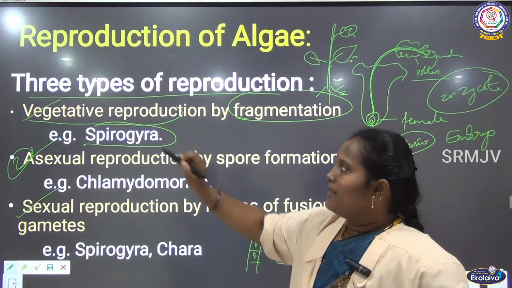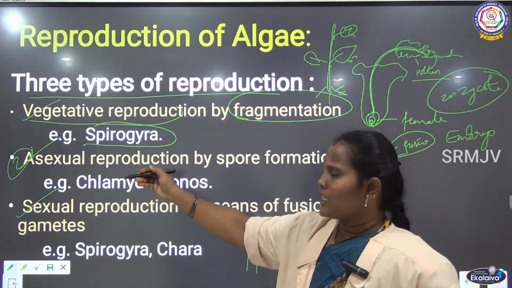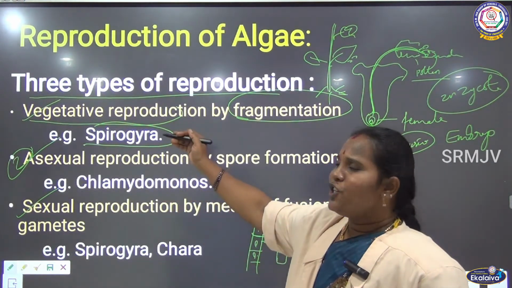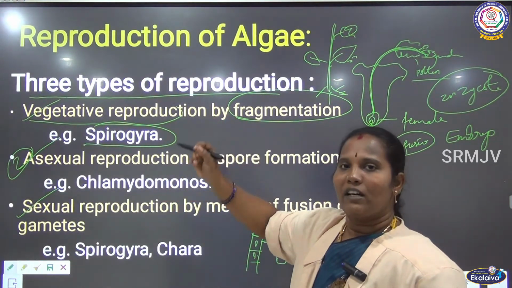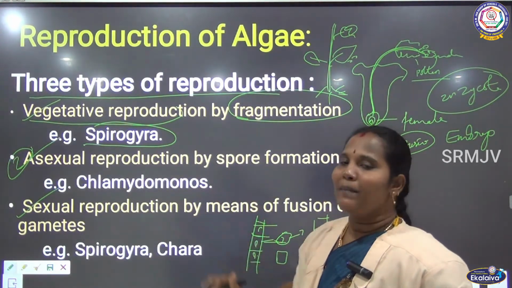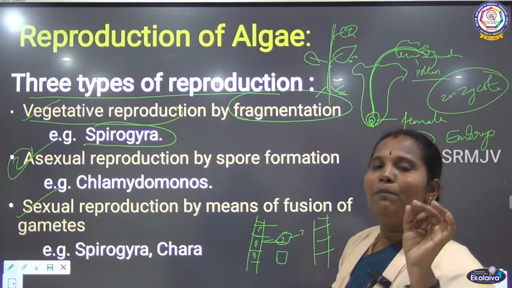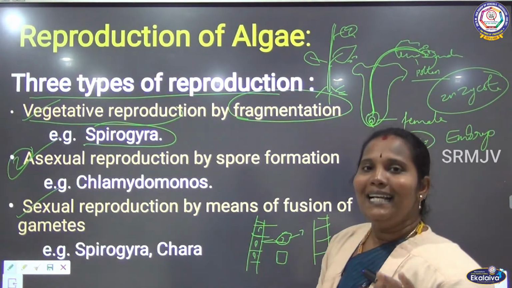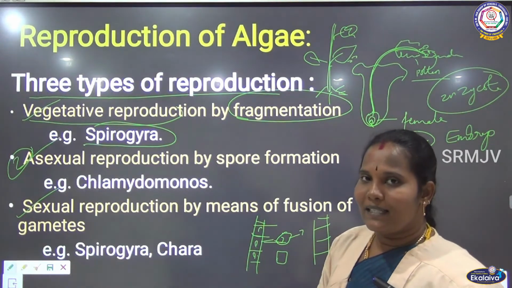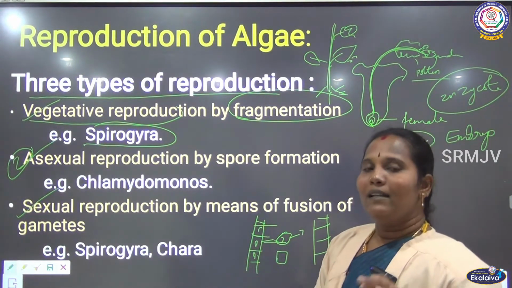Vegetative and asexual both have no sex cells. Vegetative means the body parts can divide and make one organism, but in asexual reproduction there is a reproductive cell, but we cannot differentiate whether it is a male cell or a female cell.